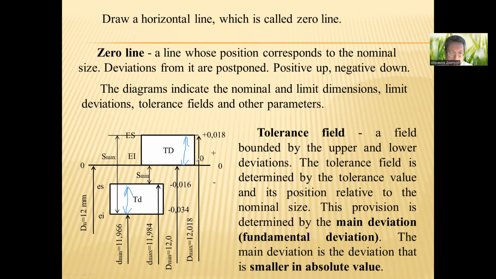For the hole, it's big EI because it is equal to 0, and it has the smaller absolute value. The main deviation of the shaft is small es, the upper limit deviation of the shaft, because it has the smaller absolute value.